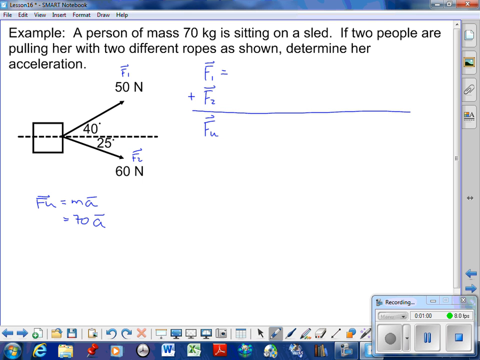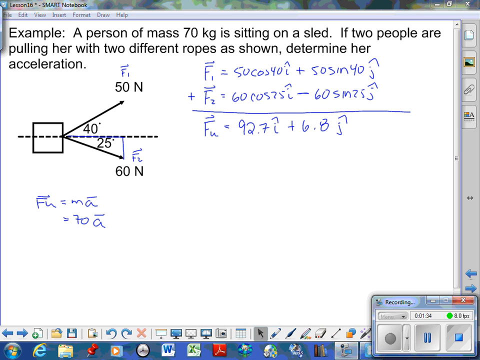Using your vector knowledge, you know that F1 will be 50 cos 40 I plus 50 sin 40 J. You know that force 2 will be 60 cos 25 I minus, and that's because you would have to go down to get to that head, 60 sin 25 J. Once you have that, you can just go ahead and do the calculations.